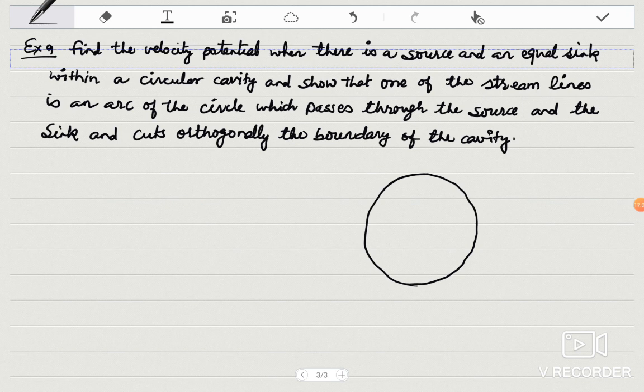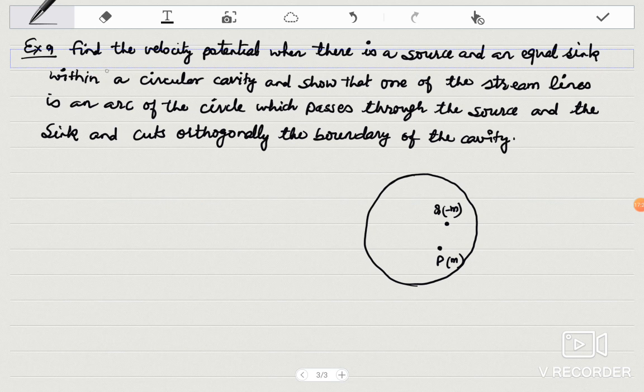And in this circular cavity, you have a source and a sink. Suppose this is the point P having a source, and let it be Q having a sink.